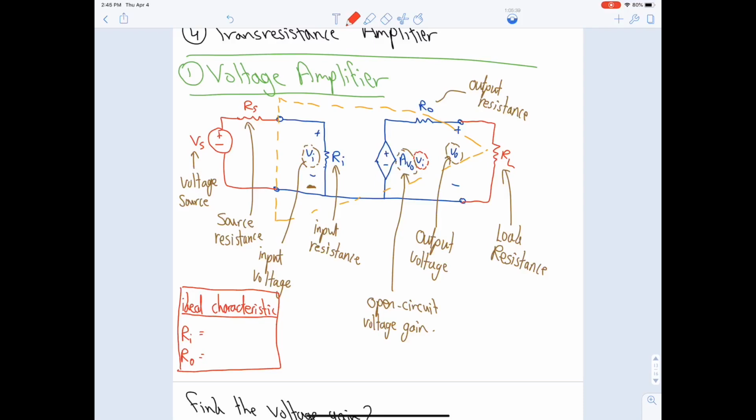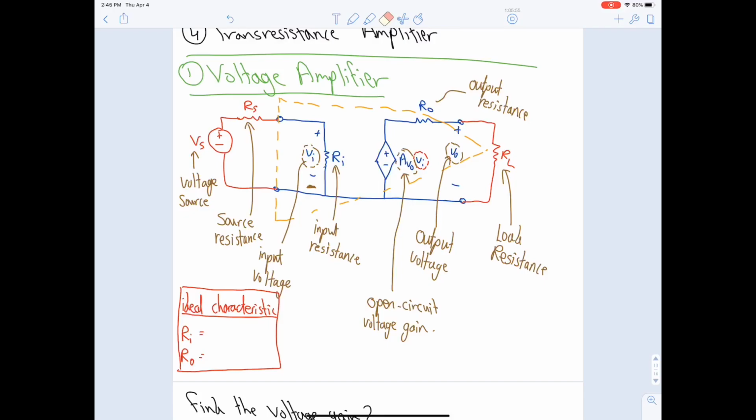What do they want now? They want the ideal case. What does ideal mean? It means that whatever is being inputted into the amplifier needs to be outputted. So Vs needs to propagate to the V output.